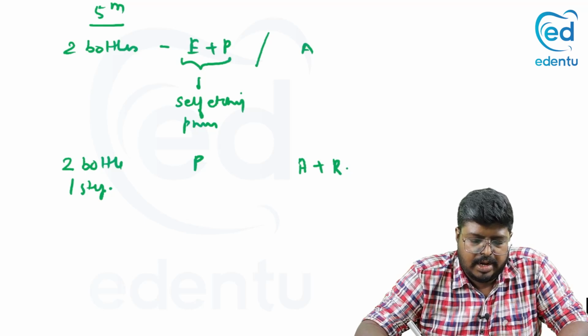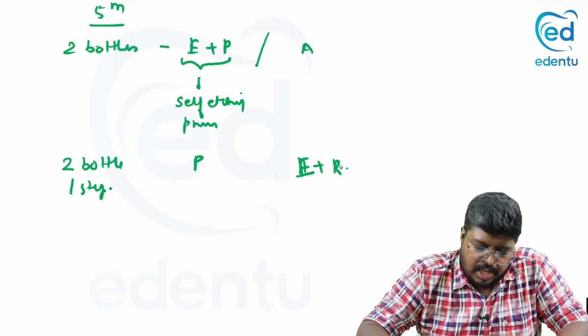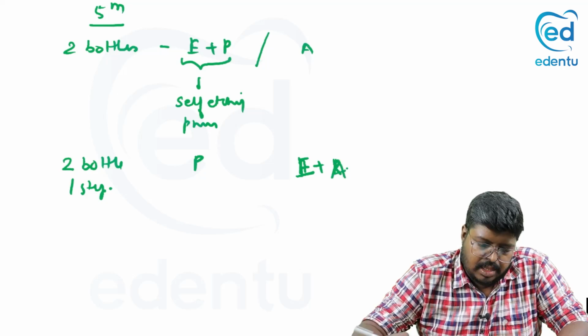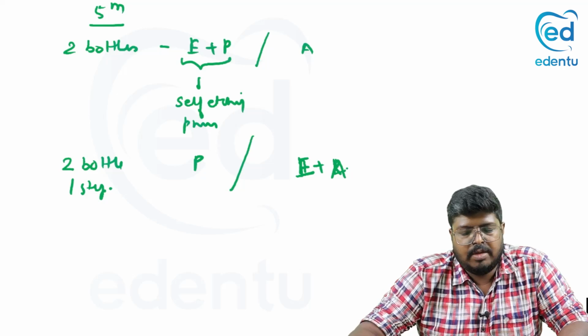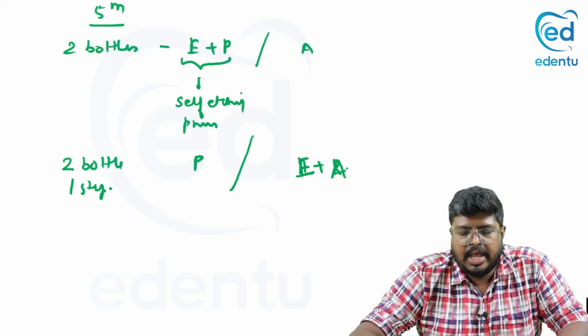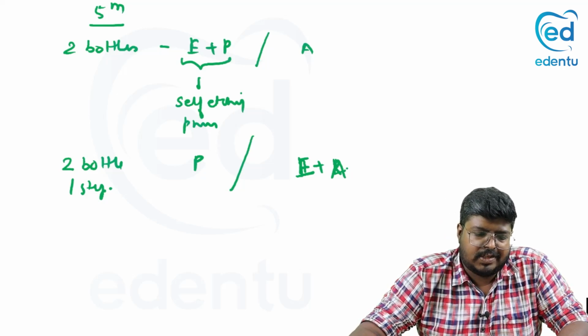So you had the primer in one bottle, and the etchant and the adhesive together in the next bottle.